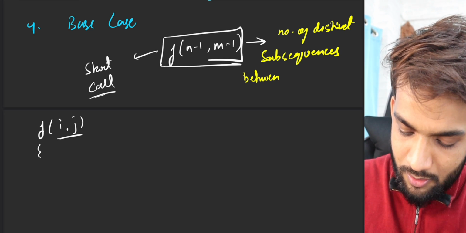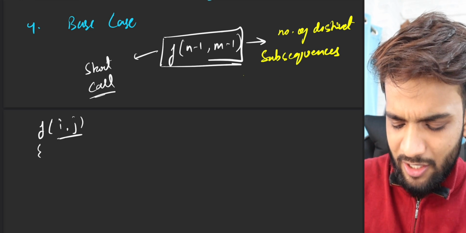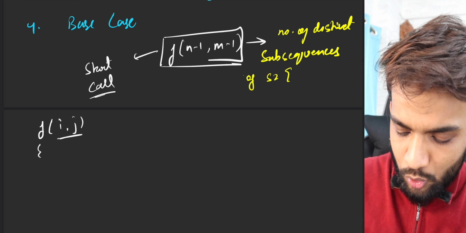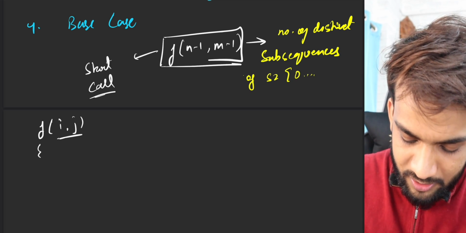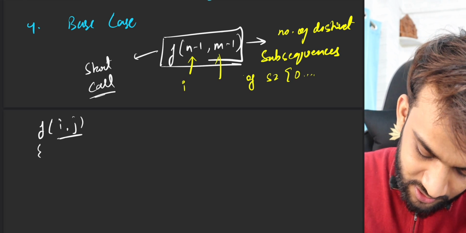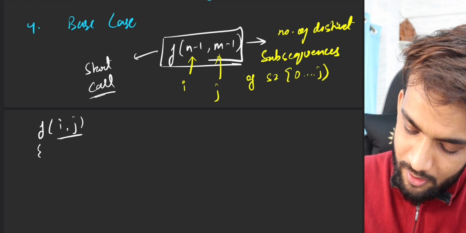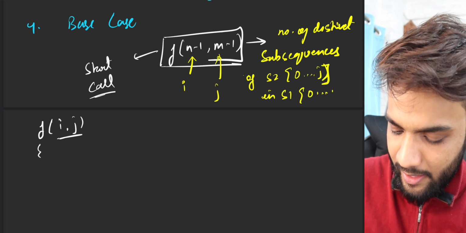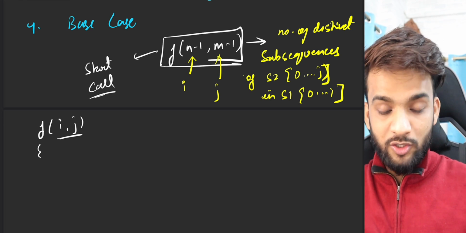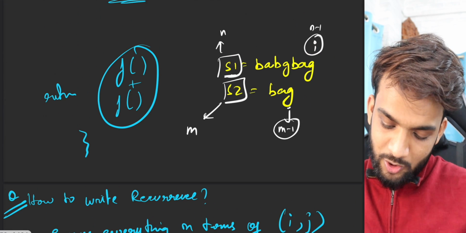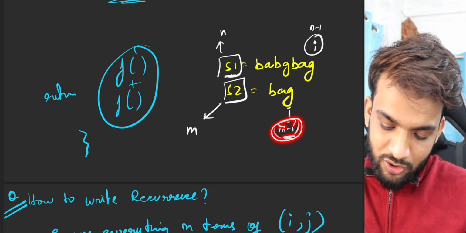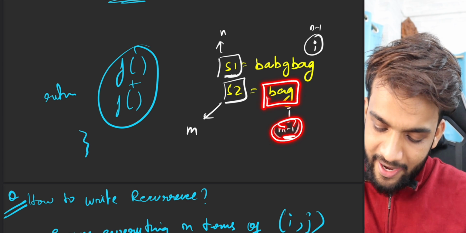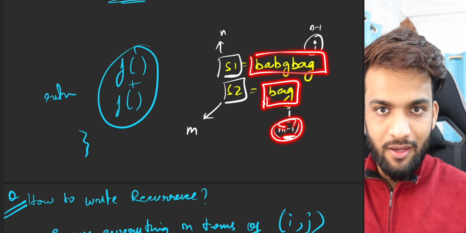of string S2 from 0 to j in string S1, 0 to i, which means you're saying the number of subsequences of BAG in this entire string.